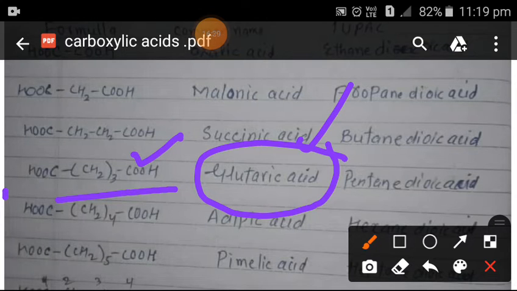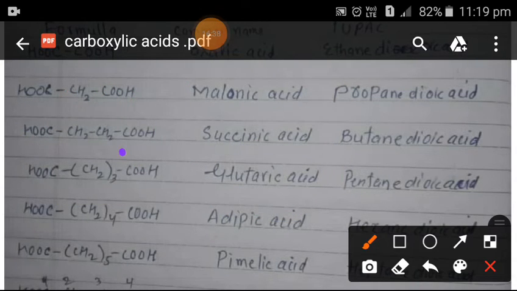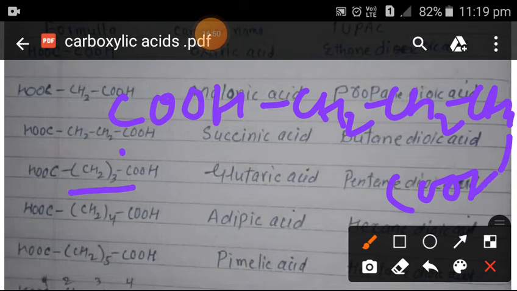Actually the molecule is just like this: COOH, CH2, CH2, CH2 three times, after that COOH. While writing the IUPAC nomenclature, you first select the longest chain which contains the functional group.